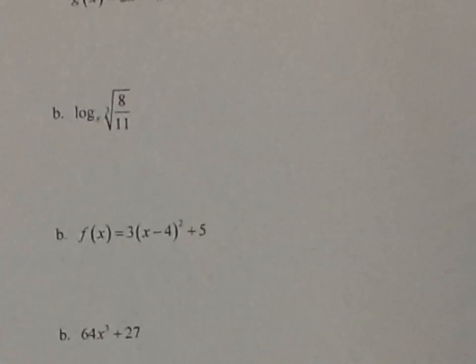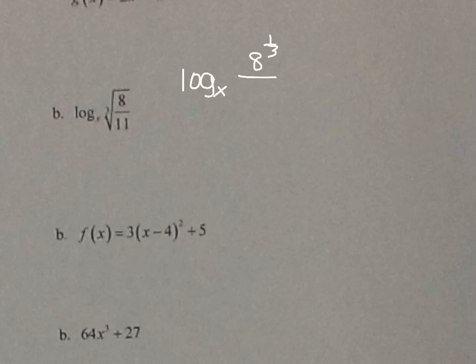Okay, so B is log base X, the cube root of 8 over 11. So remember, a cube root to start off with is a 1/3 power. So we have log base X of 8 to the 1/3 power over 11 to the 1/3 power.